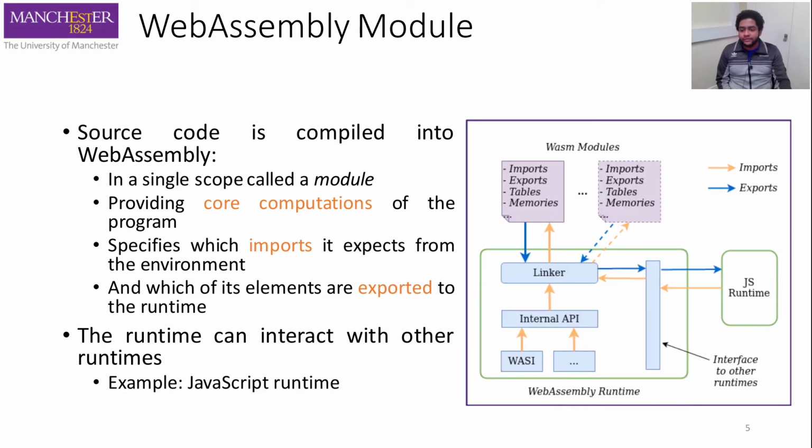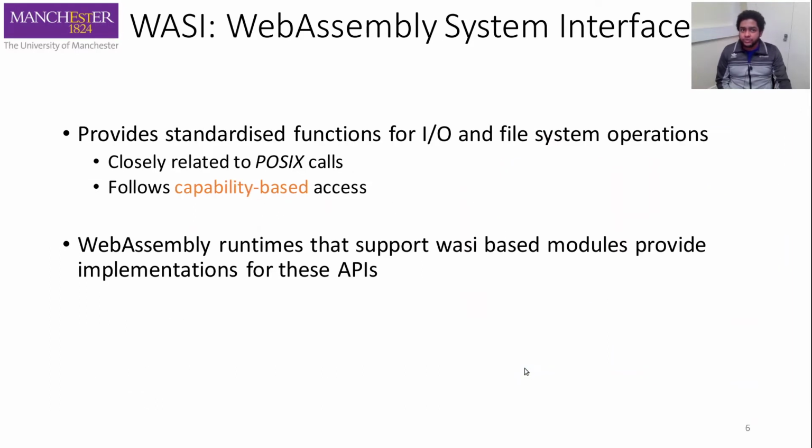So for example, if you have a WebAssembly runtime, it will load a module, identify the imports required by that module, and link them to either its internal implementation or to other places such as the JavaScript runtime. One of the APIs that a WebAssembly runtime can implement is known as WASI.